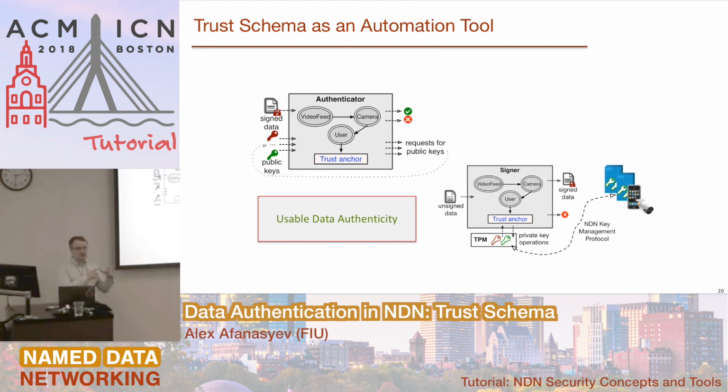It is the opposite direction, because the same trust schema actually defines both. It defines how the data will be treated, how to verify the data effectively. And if you generate keys that actually match the trust schema, then you can sign the data in a proper fashion, so it can be properly verified.